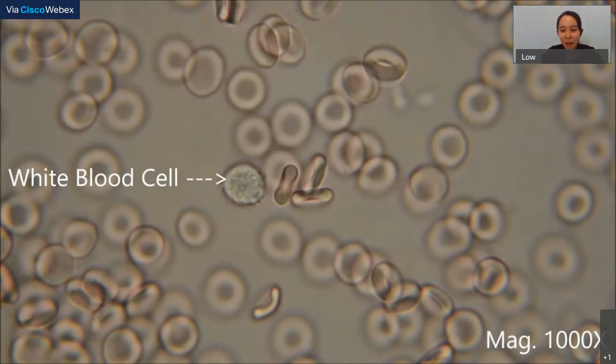Wow, it's a microscopic picture at 1000 times magnification. As you can see here, it's like the cartoon picture that I showed you just now. It's a biconcave disc shape, so the deeper color is the hole of it. Then this other one is the side view. Remember the side view of it?